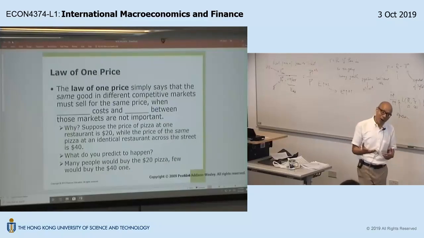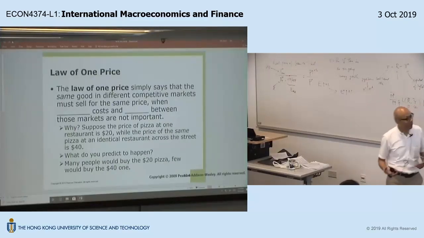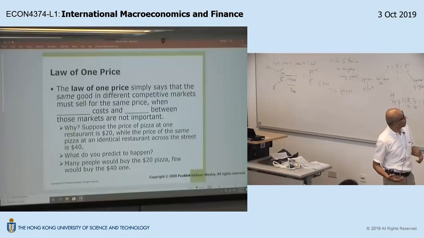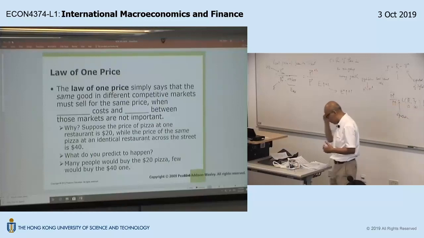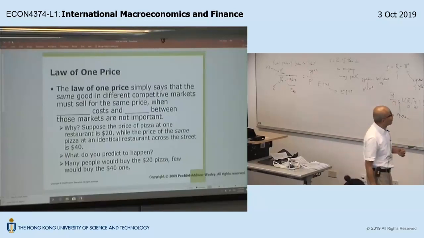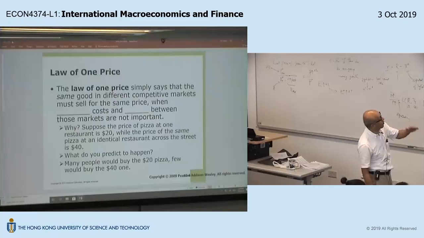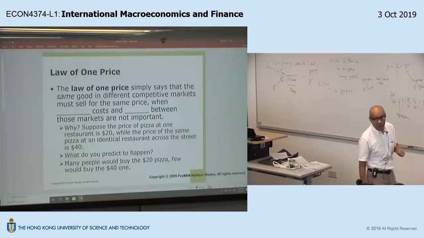Transport cost is maybe another element, right? So if there's no transport cost and no transaction cost, the goods in different competitive markets sell for the same price, right?